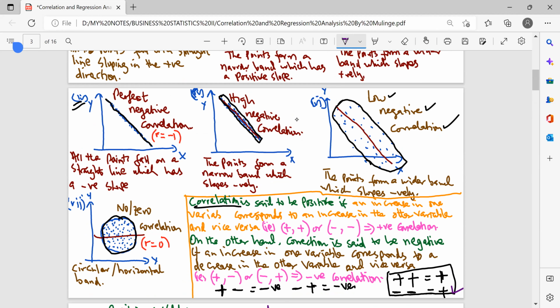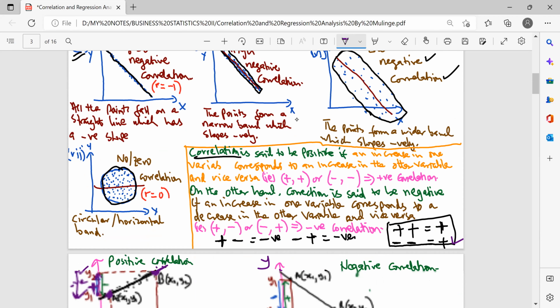If the points are very close to each other, you may want to say that the relationship is stronger. But if the points are more scattered, you may want to say that the relationship is weaker. Then after you say whether it is a strong or weak relationship, you have to mention whether it is a positive relationship or a negative relationship.